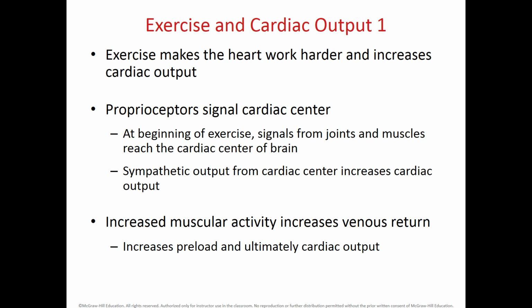You have proprioceptors within your muscles and joints that send signals to the cardiovascular centers, which send sympathetic output so you can increase heart rate, heart contractility, and consequently cardiac output. So you will pump more blood per minute. Along with that, you have more blood return, or more preload, into your heart, which ultimately will also increase cardiac output.